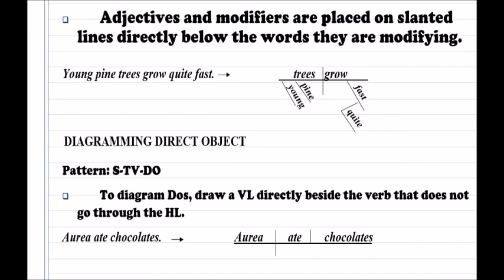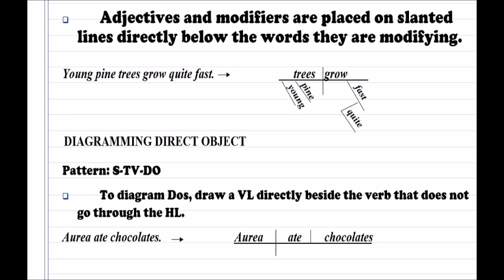Next, what if there are adjectives and adverbs? Adjectives and adverbs are placed on slanted lines directly below the words they are modifying. For example, young pine trees grow quite fast.